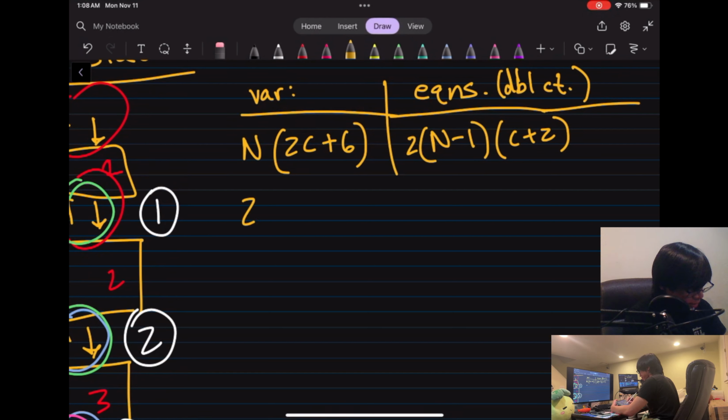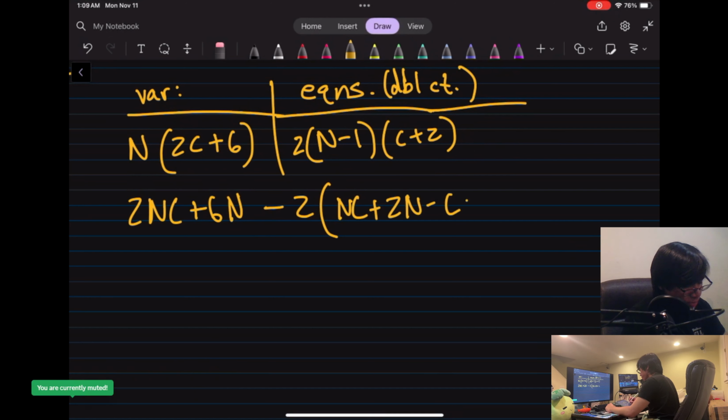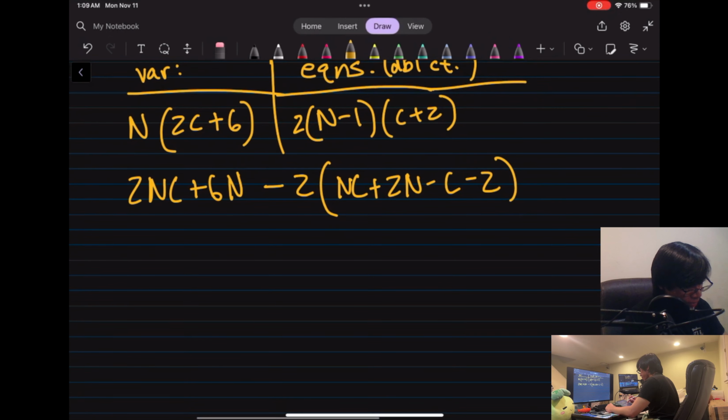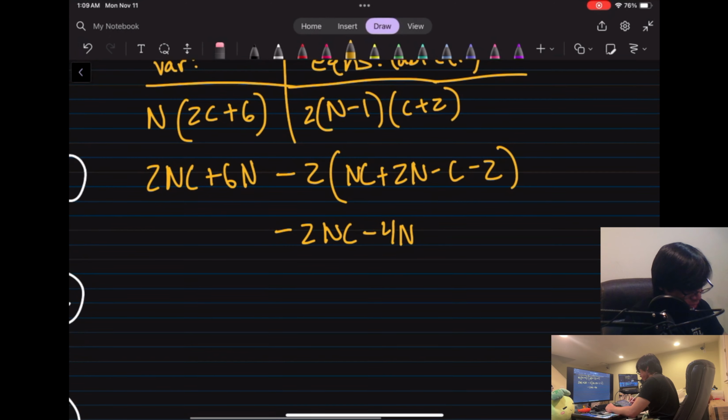So 2nC plus 6n, and then we subtract. I'll do this separately. So distributing across, you have nC plus 2n minus C minus 2. And then we have 2nC plus 6n minus 4n plus 12.